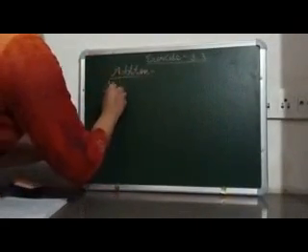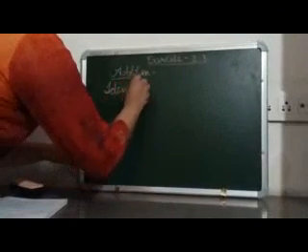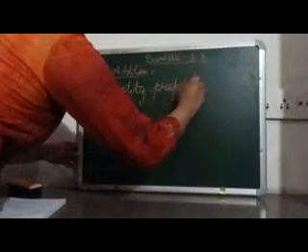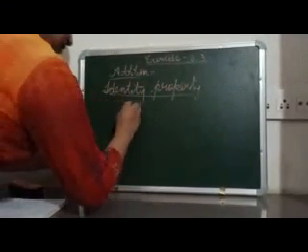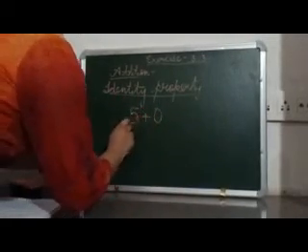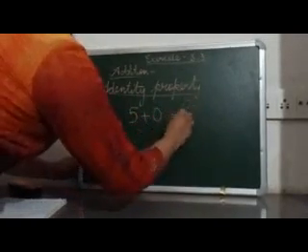Next is identity property. So when we add 0 to any integer, suppose I add 0 to 5. 5 is an integer. When I add 0 to this, the answer will be 5.